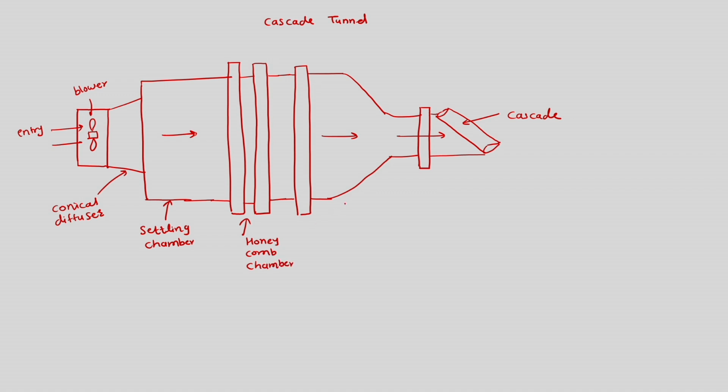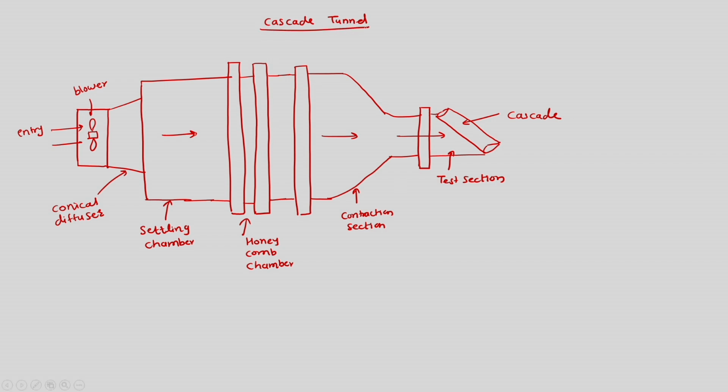Then we have the contraction. This is the test section. So these are the parts of a cascade tunnel.